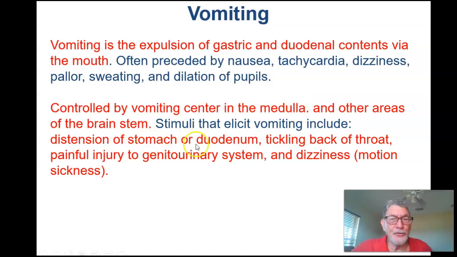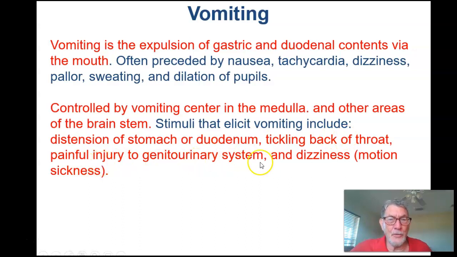Stimuli: if your stomach is too full, if you overate, it makes you feel like you need to throw up. Tickling the back of your throat, which indicates the gag reflex, also can cause you to throw up, to try to clear out the back of your throat before you choke to death.